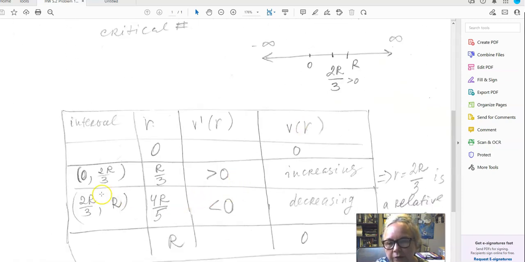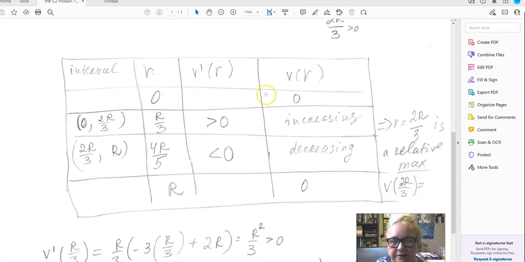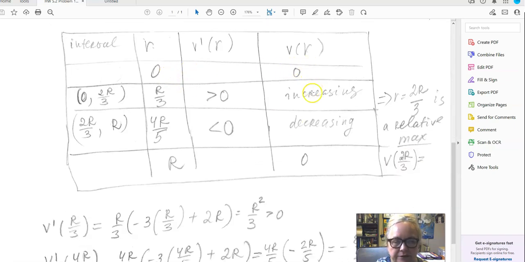But anyway, these are the intervals we have to work on. I show you what values of lowercase r I picked, and then we compare the values of function v at r. V at r equals 0 is 0.